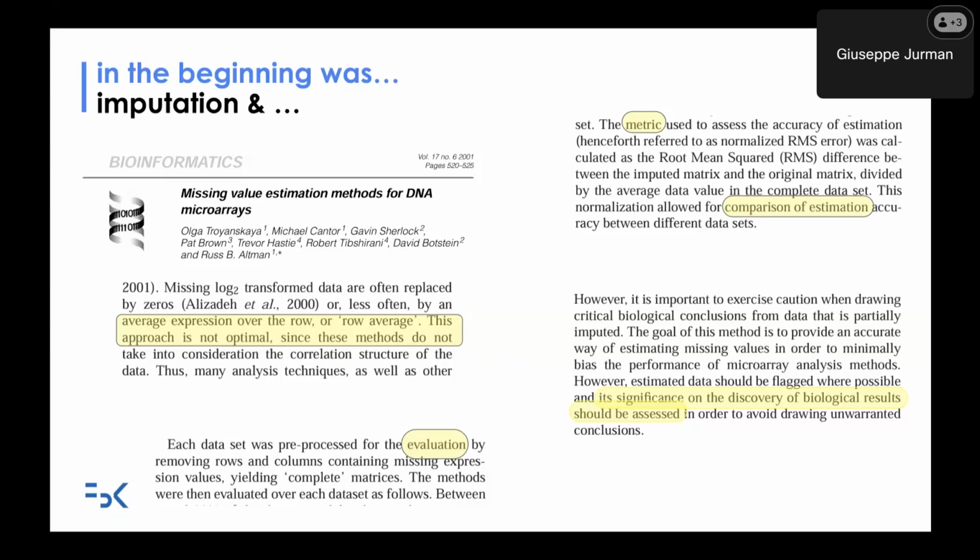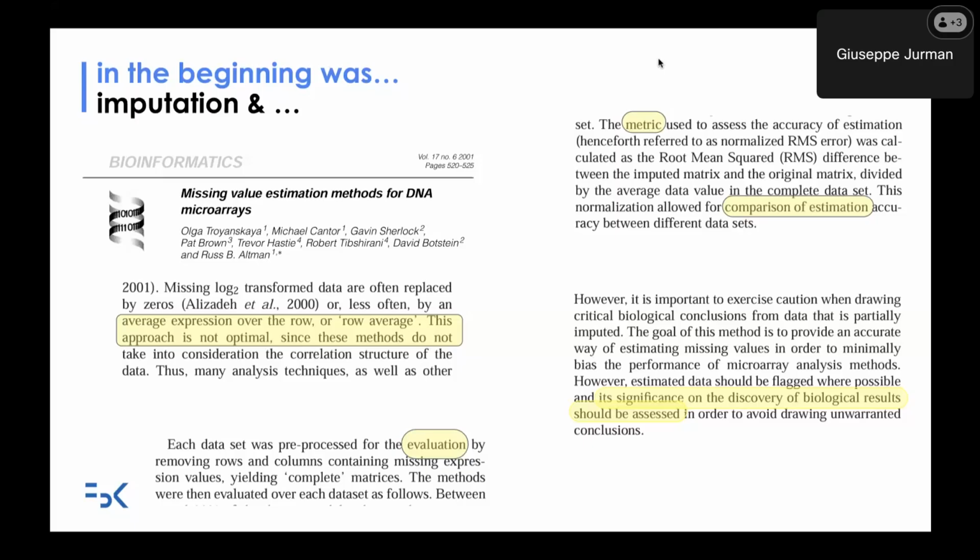What is another problem related to this kind of issue? It is the evaluation of the goodness of these models. Evaluation of the goodness of the model relates to the fact of having a good metric for doing comparison of estimates.